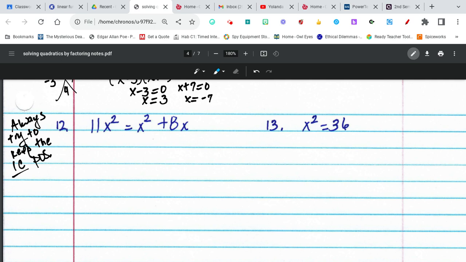I'm going to make this right side 0. So I'm going to subtract 11x squared here. 1x squared. So that's going to give me 10x squared equals 8x. But now I don't like that either. So I am going to subtract 8x from both sides.